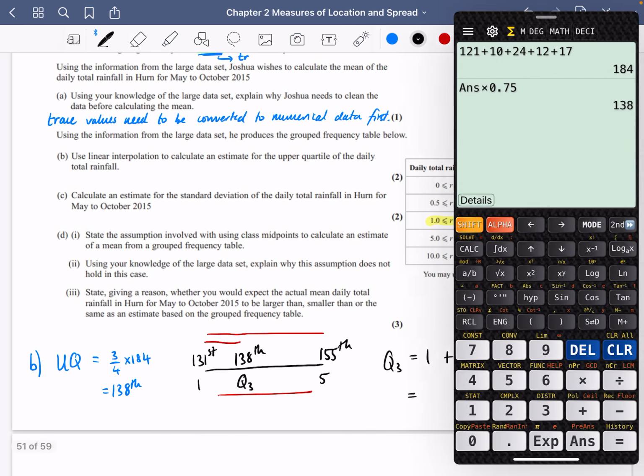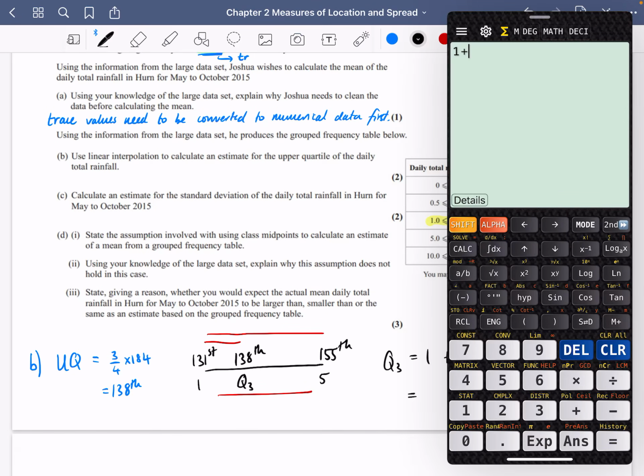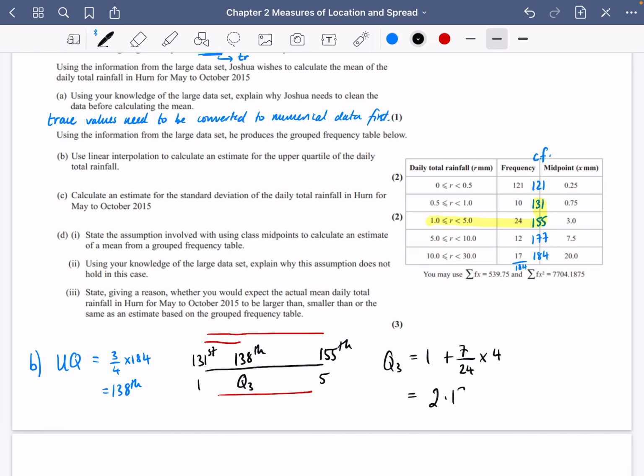So it's 1 plus 7/24 of 4. So it's 2.17. 2.17 millimeters, and I'm just going to say that that is to 2 decimal places.